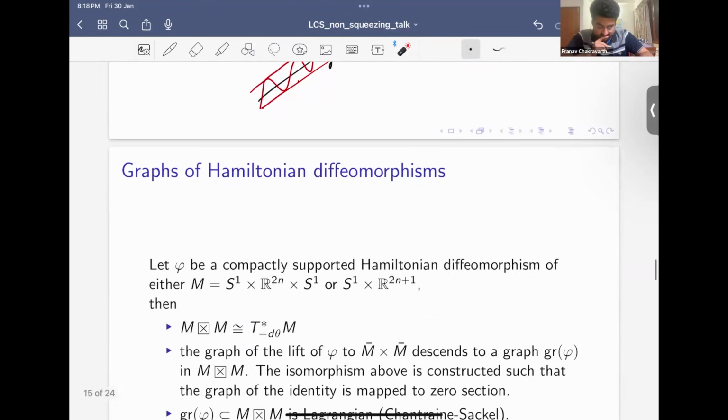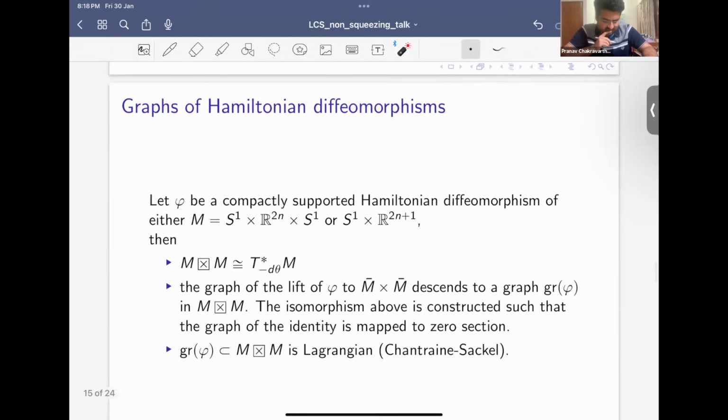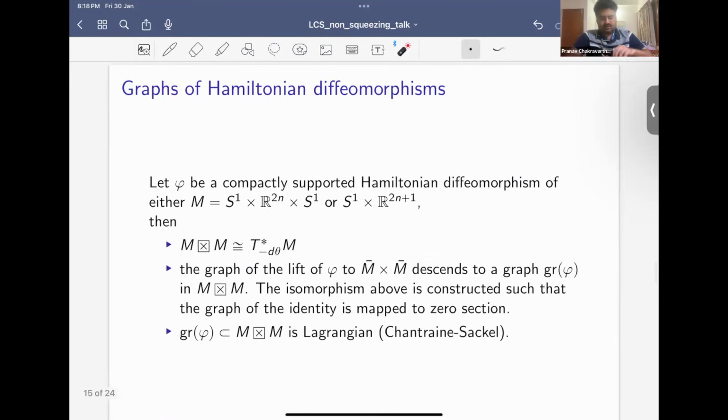Okay, so what we saw before was that we were able to get generating functions from diffeomorphisms as long as these diffeomorphisms were C0 close to the identity.